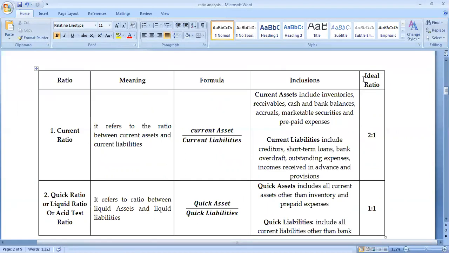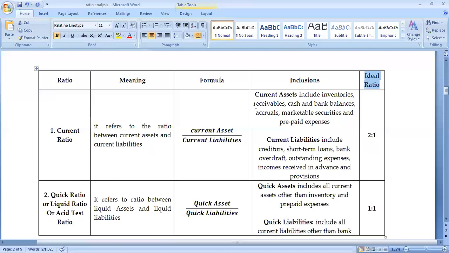Before moving on, we shall see what this ideal ratio actually is. The ideal ratio is a stark indication of the financial soundness of a business concern. It identifies how well the firm is performing with its current assets and current liability.